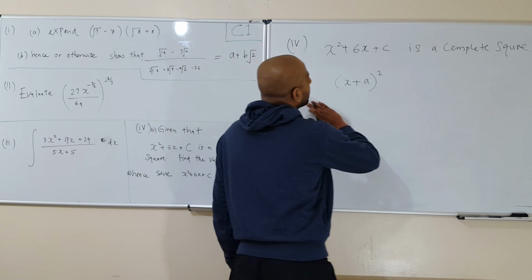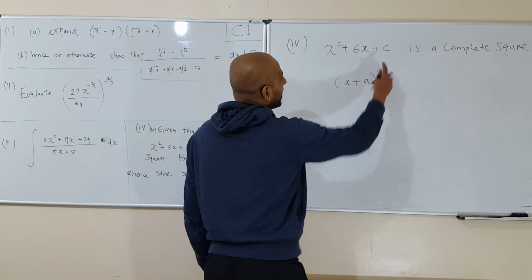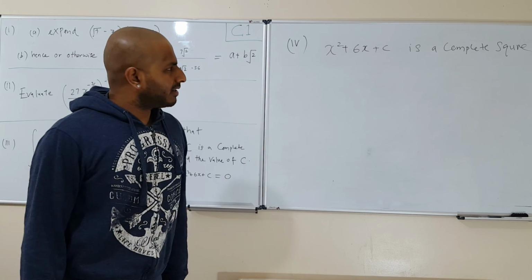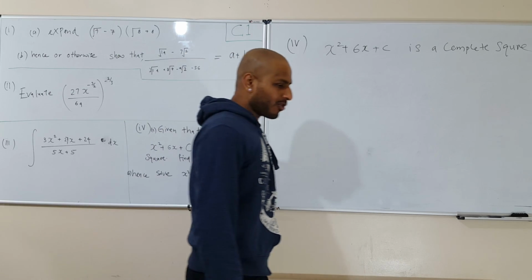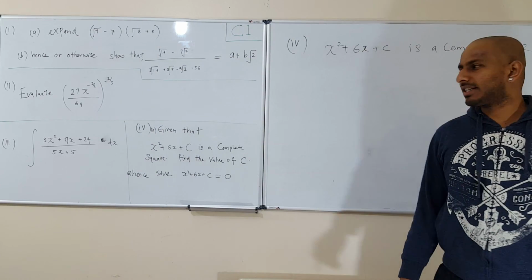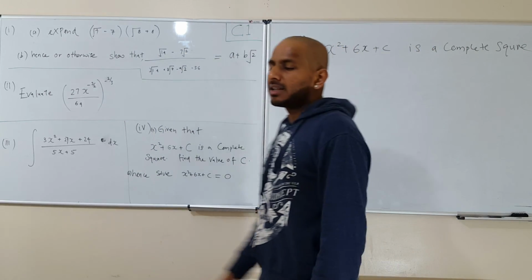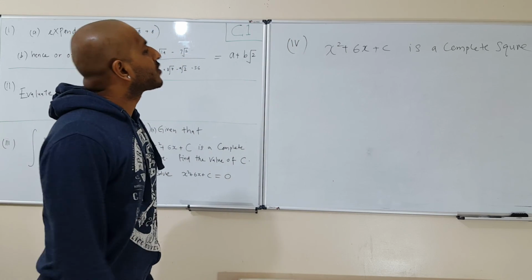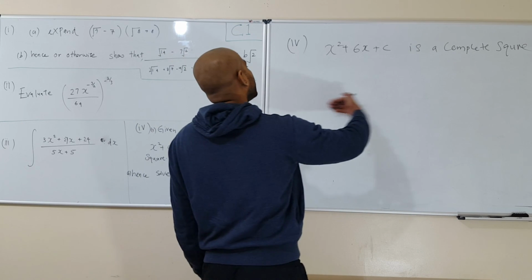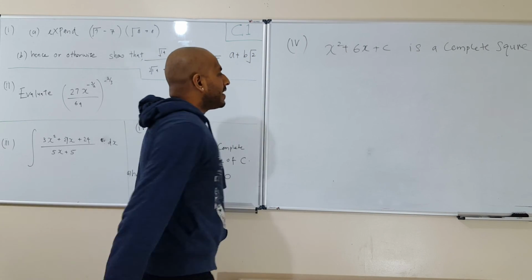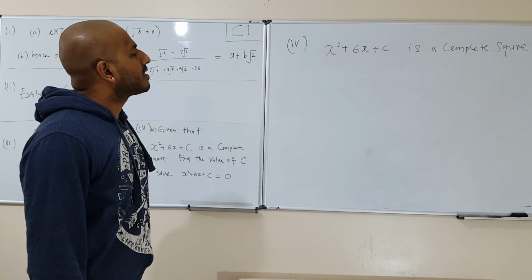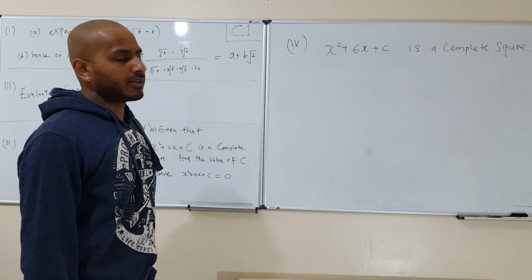So if this is the case, then find the value of c. Now when you look into the complete square or completing the square, all that goes to the same thing. Completing the square, isn't it? So let's try to complete the square here by that technique we know and see what we can do from there onwards.